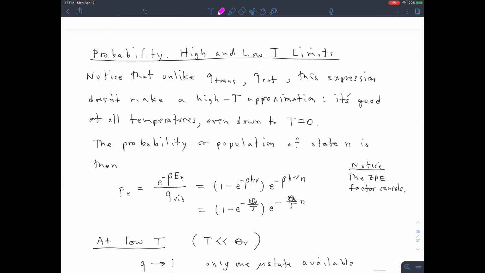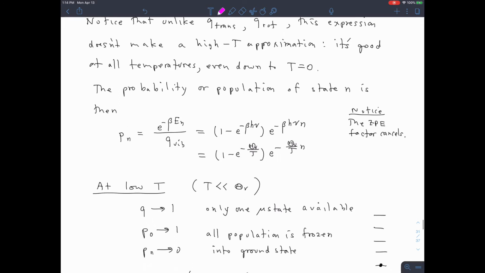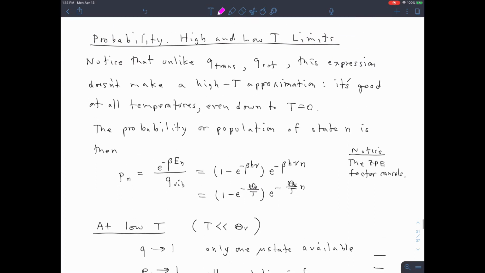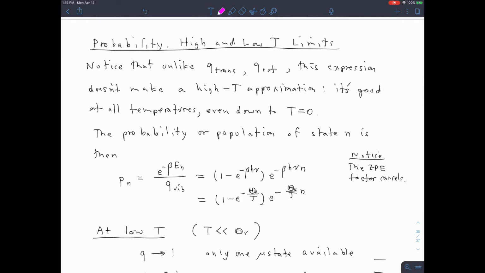Let's look at this partition function now, and let's look in particular at the high temperature limits and the low temperature limits. That's going to be our routine from now on. Actually, it's been our routine even in the past, so by now everybody is probably noticing. The first thing to say is that because we didn't make any high temperature approximations in this case, we were able to do the full discrete sum exactly.